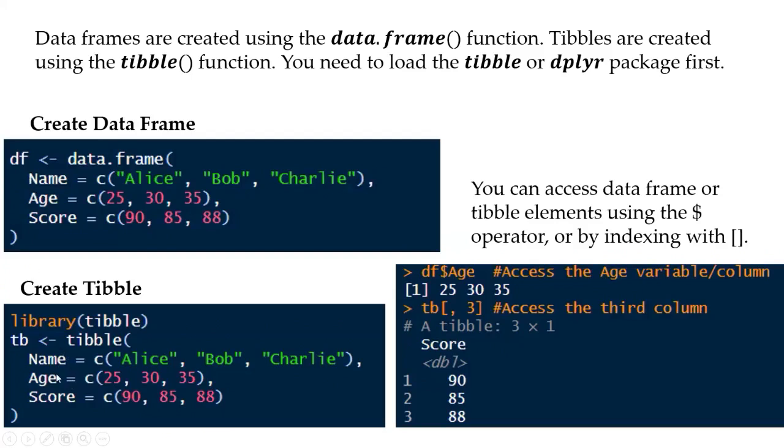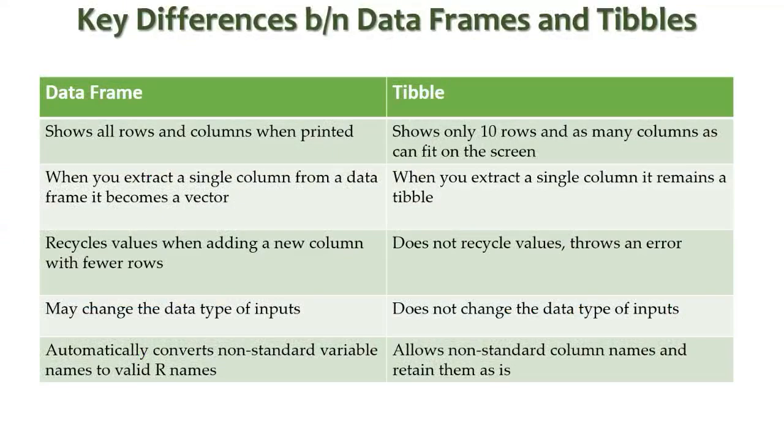But when I use a table, it will still use the 1name, but then it will put it in inverted quotes. So when you see any name in your table that is put in inverted quotes, then it means that it is not a standard variable name. So these are the key differences in a data frame and in a table.